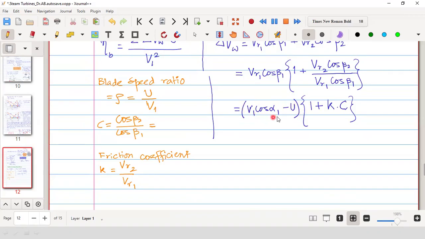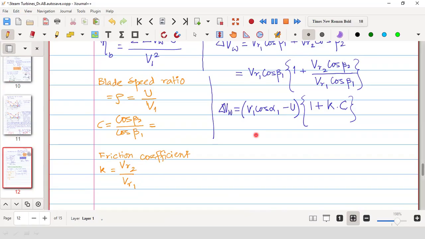So these quantities are more basically design related, means more known compared to the other quantities. Instead of VR1, this V1 is more known. Therefore, we can write this. So that is delta VW.